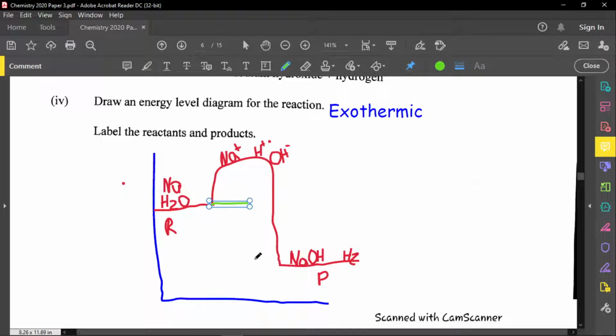And then let me make a broken line coming across here with this green line as well, going straight across the graph. Now, the distance between these 2 green lines will be our energy that is being released. So from here to here, from the products all the way to the reactant, that will be the energy released.